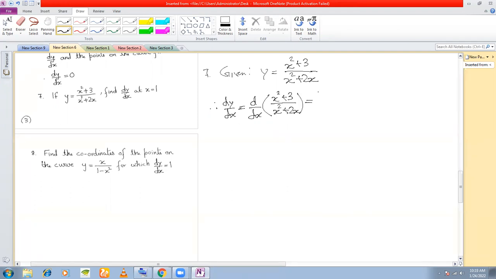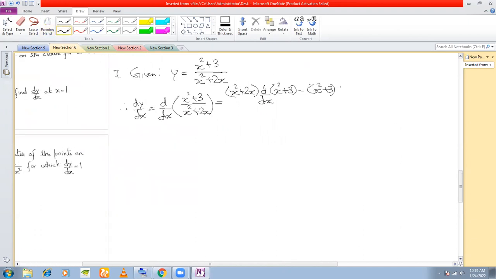Now apply the u by v rule. v into the differentiation of u minus u into the differentiation of v divided by square of the denominator, right? Now we are going to carry out the differentiation after the application of the u by v rule.